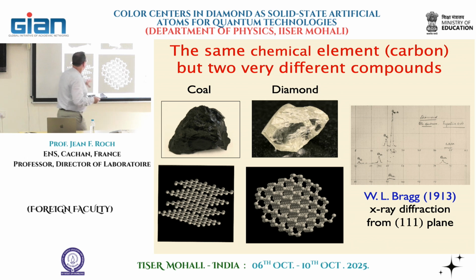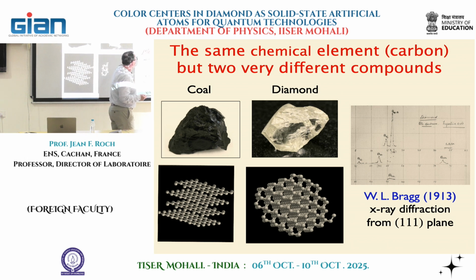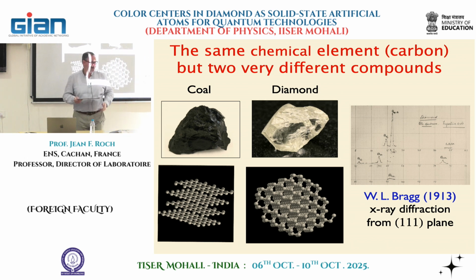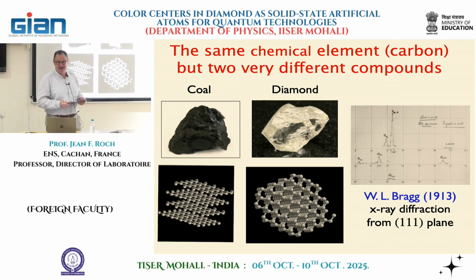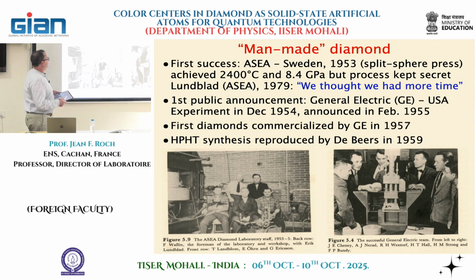So Bragg used that and could identify the crystal structure in the early 20th century. Of course, what was also very important was to be able to produce diamond, to have man-made diamond.